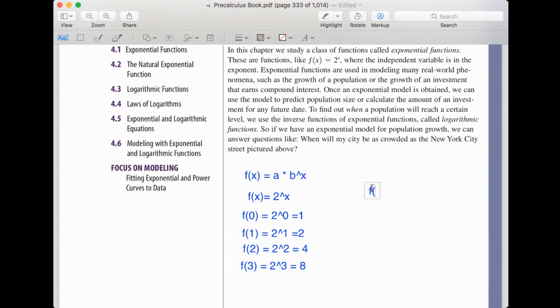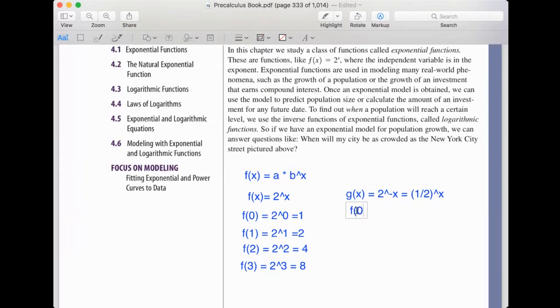Another function, let's call it g of x, is 2 raised to negative x, or we can understand it as 1 over 2 raised to x, so half raised to x. This is halving.